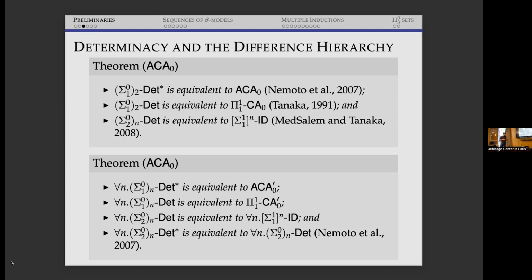I don't know if this is anywhere in the literature, but the names and the same idea. So you can get unbounded sequences of beta models, or you can take the hyperjump as many times as you want, even consider many times. And similarly, you get equivalence between the sigma 02 sets and sigma 11 inductive definitions with the for all inside the axioms.